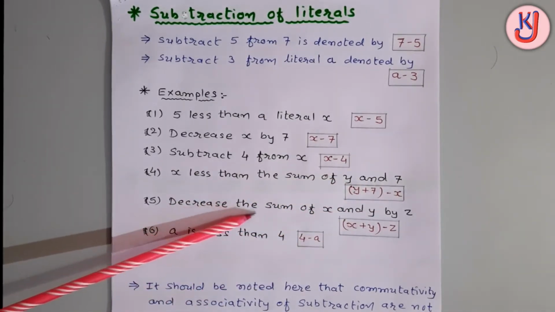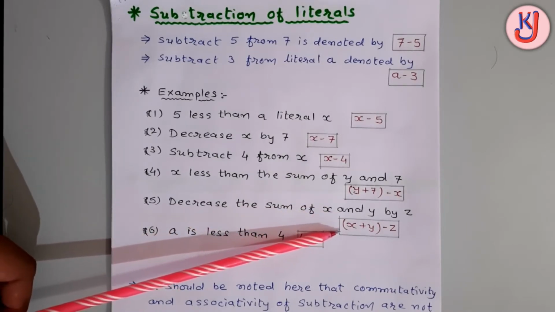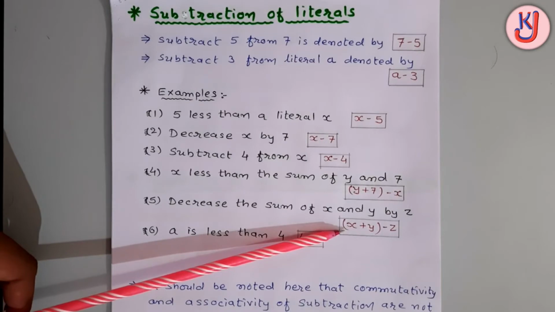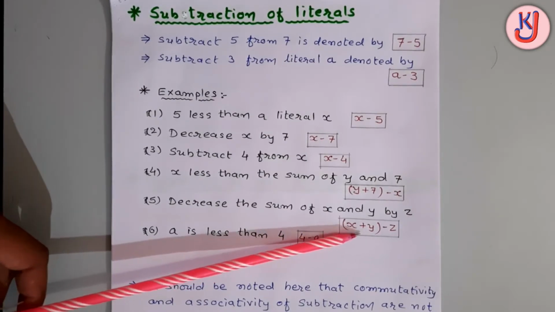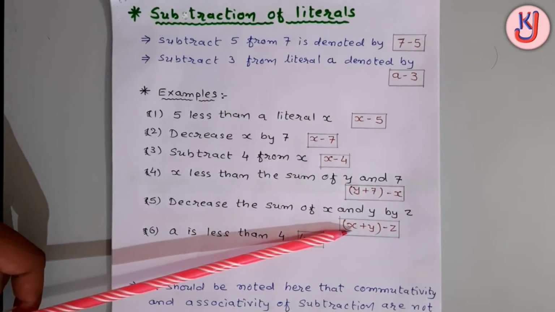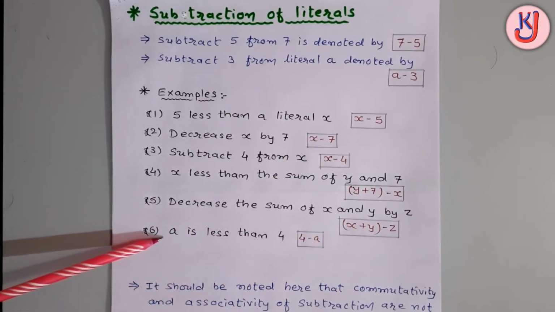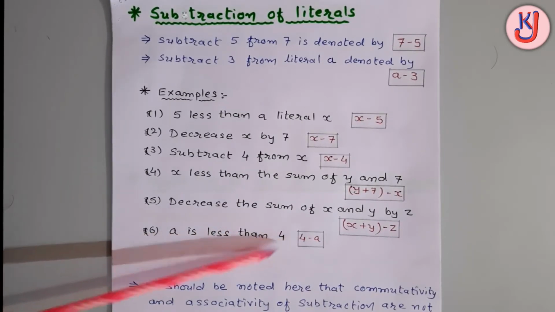Decrease the sum of x and y by z, so (x plus y) minus z. And a is less than 4, it means 4 minus a.